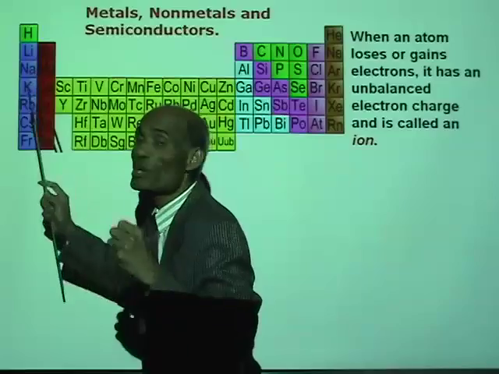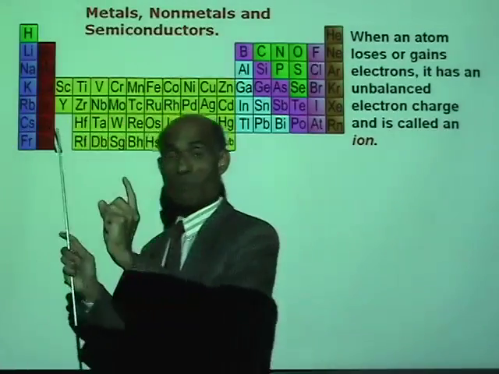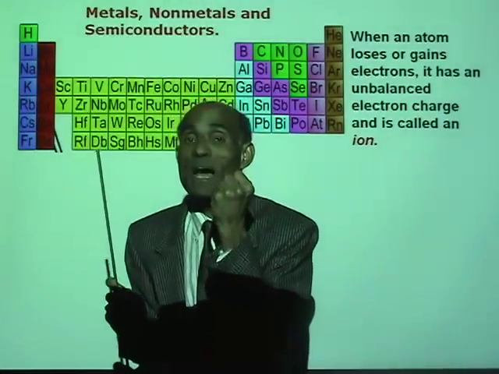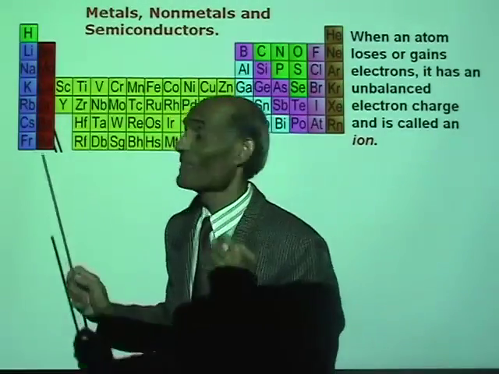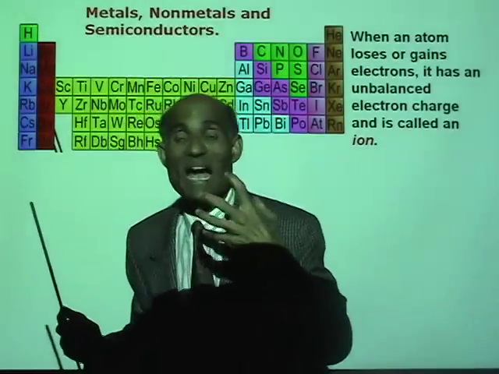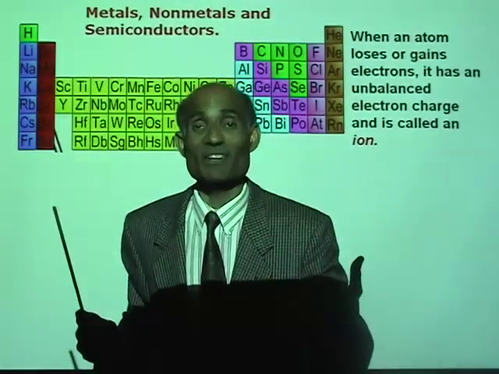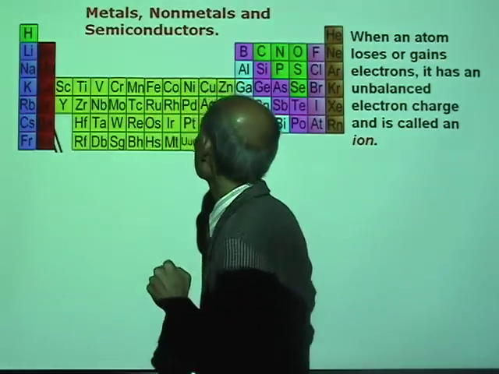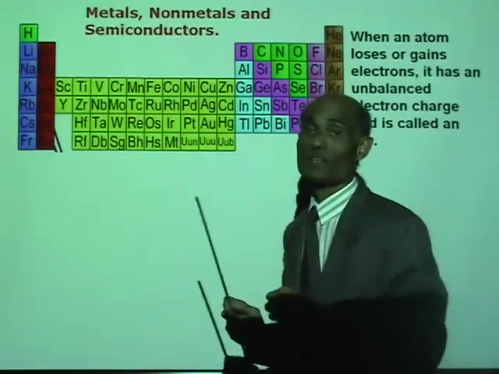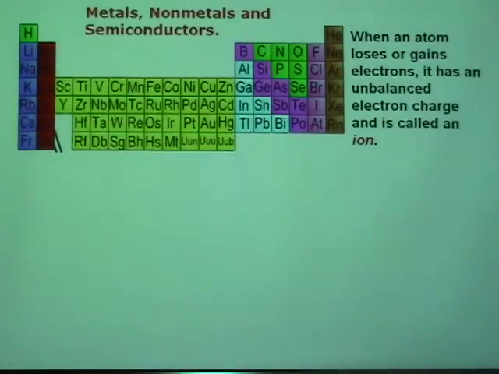If sodium loses that electron to some other element, now sodium has 1 electron less, or 1 negative charge less. That means sodium now has a net positive charge. You see, such an electrically charged atom is called an ion. So what is an ion? An ion is an atom that has a net positive charge.